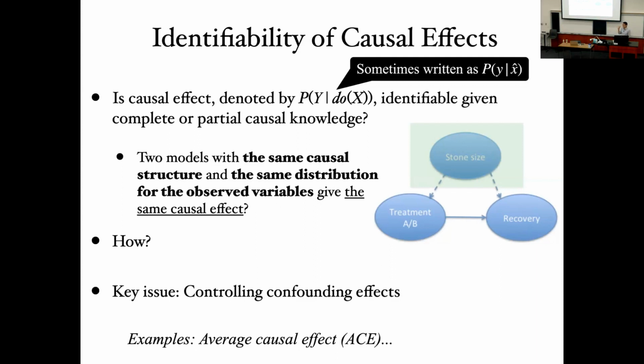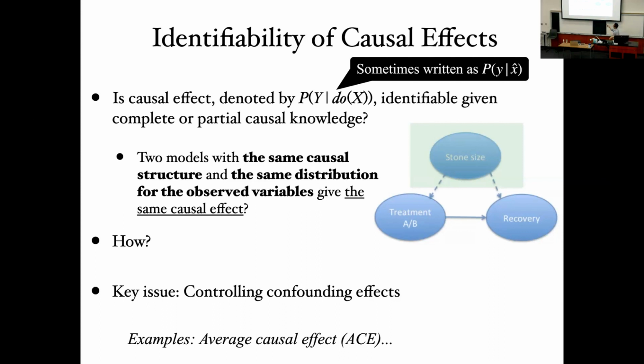So you have two inputs. One is the qualitative structure. The other is the observational data for the variables that you can measure. Then the definition is as follows. You have two models. The two models share exactly the same structure, which is given, and the same observational data of the variables you can measure.